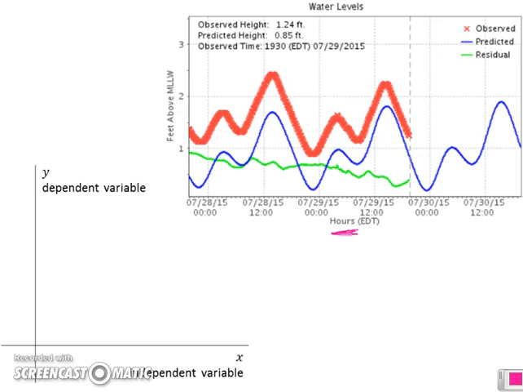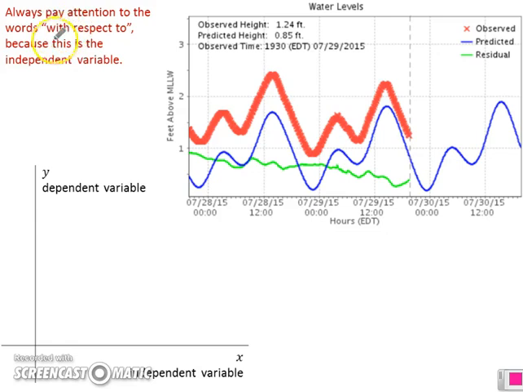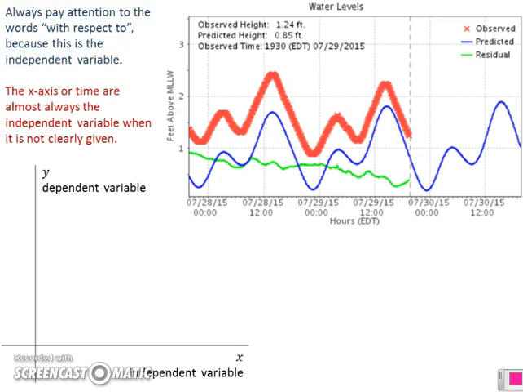So the independent variable in this case is the x-axis, which also happens to be time. So when you're dealing with related rates problems, pay close attention to the words "with respect to," because that's always the independent variable. And the x-axis and time are almost always the independent variable when it's not clearly stated.